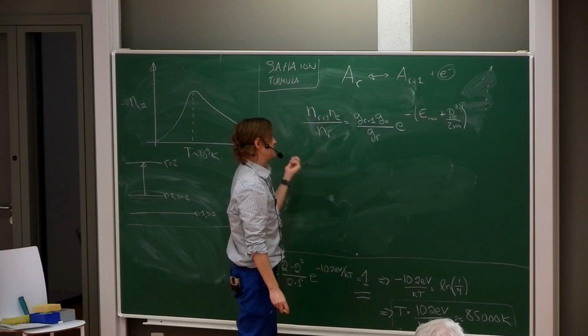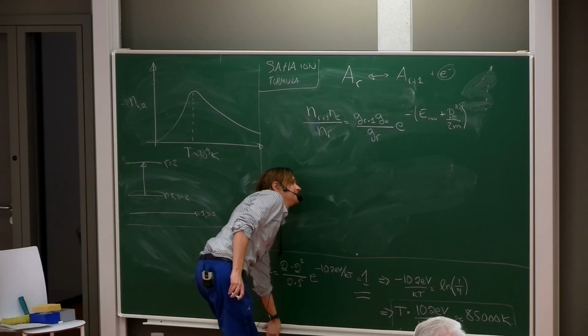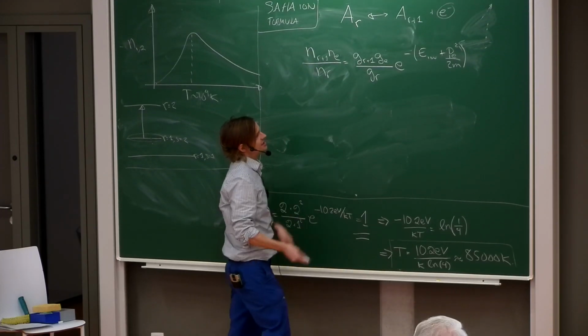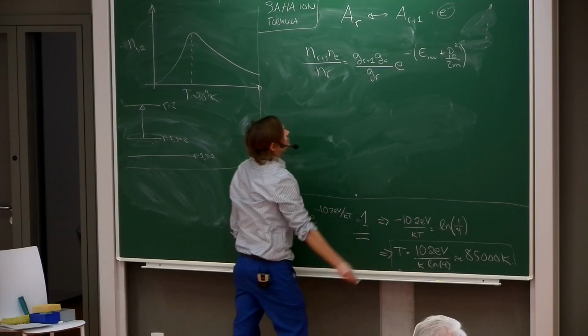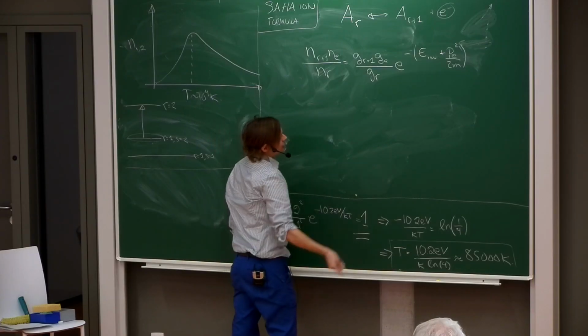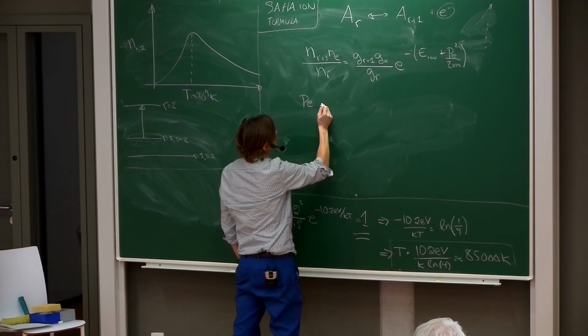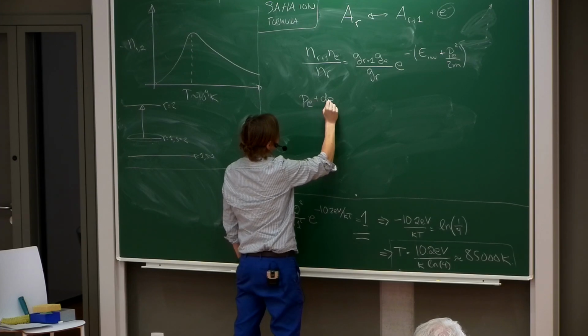And then this typically gives the balance for ionization with free electrons that have a resulting kinetic energy in some interval Pe plus dP.